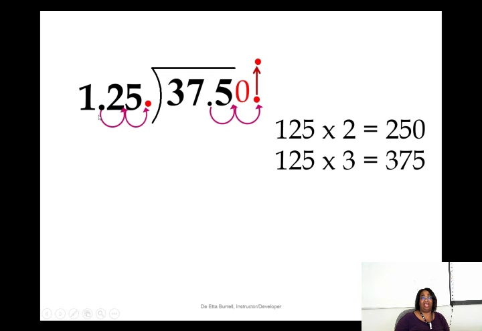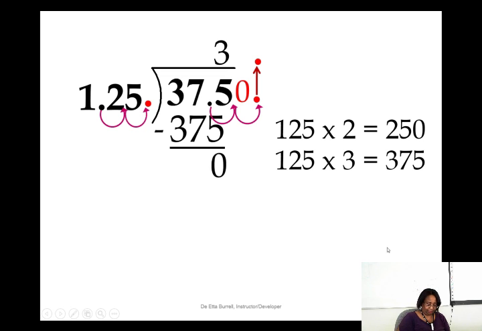You should say, okay, I have 125. 125 will not go into 3. 125 will not go into 37. But 125 will go into 375. So this is where my first digit's going to go, right above here. And how many times should I put? 3. 3 times 125 is 375, which gives me 0.